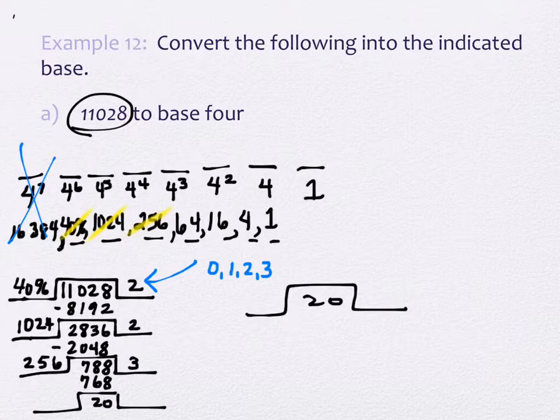Here's my 20. It's really sloppier over there. My goodness. All right. What am I going to divide by next? 64. And I know that feels awkward, but we do need to divide by the 64. It's not a very exciting division. How many times does 64 go into 20? Yeah, 0, right? It doesn't.